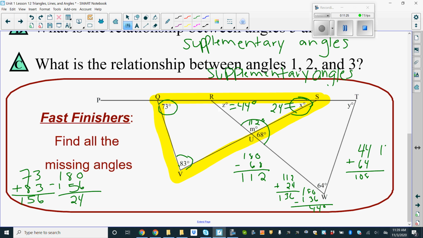Then you do 180 minus 108, and you get Y is 72 degrees. So that is the answers for all of that. We have Z is 44, M is 112, X is 24, and Y is 72.